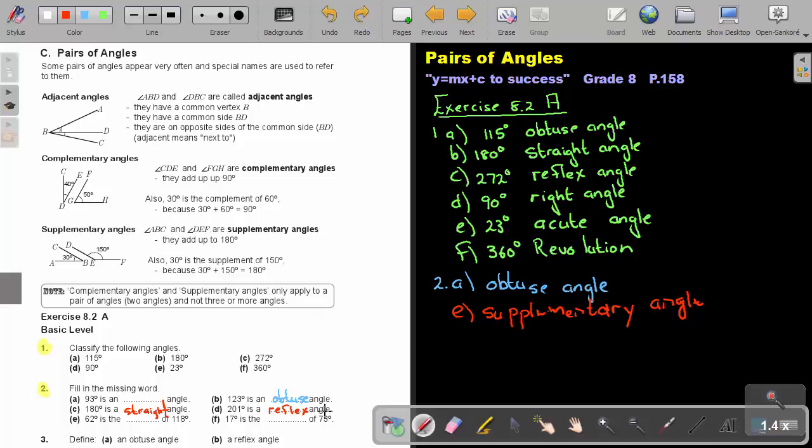This adds up to 90, and that's why we call it complementary angles. Just look at the spelling here: complementary angles and supplementary angles. Okay, and this is the theory of angles that you have to know.